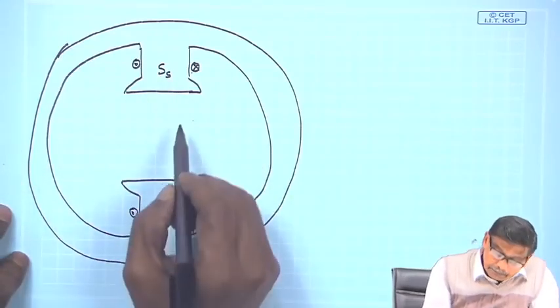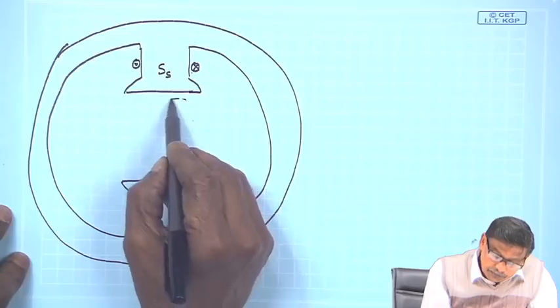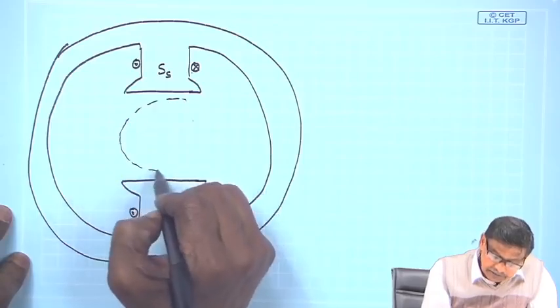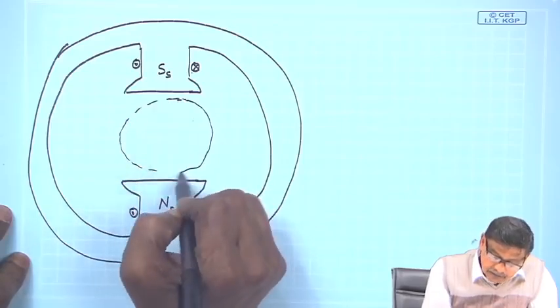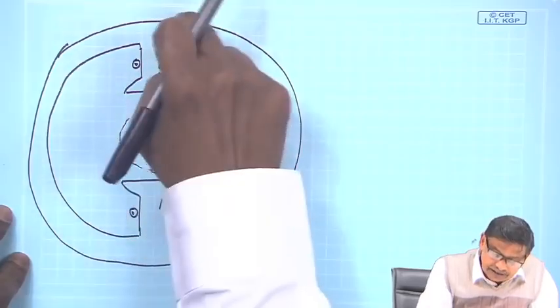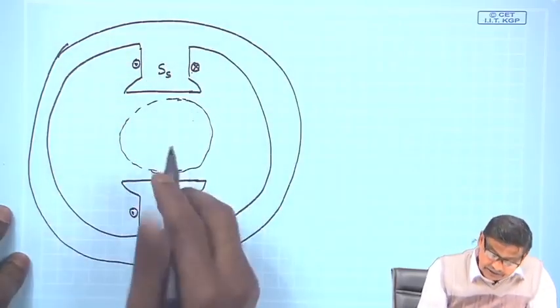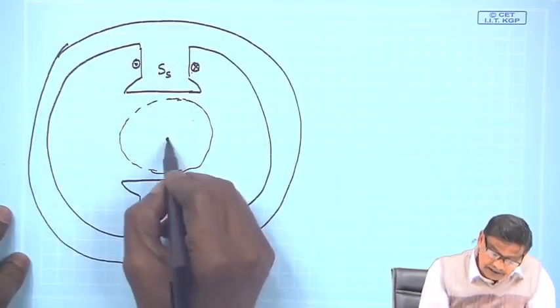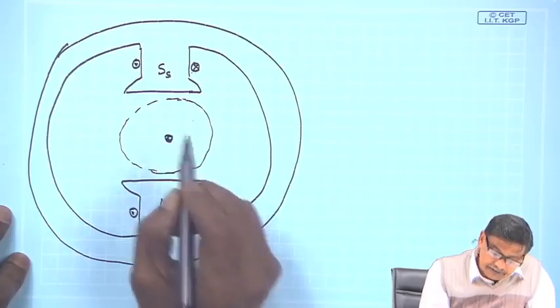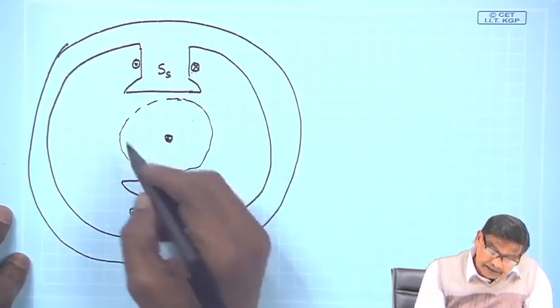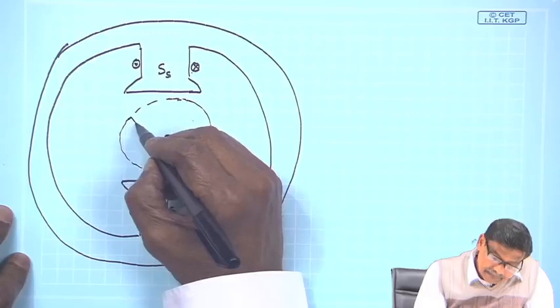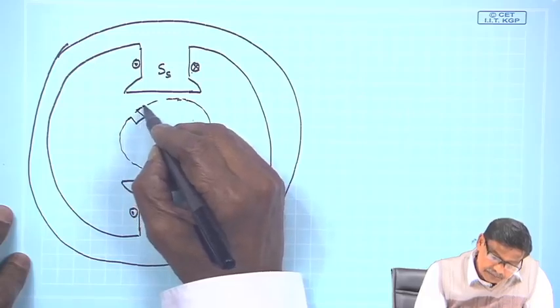The part which moves is also cylindrical, with a common center with the stator, and this is the rotor structure. The center is common like this, and it has a shaft, and there you can make some slots.